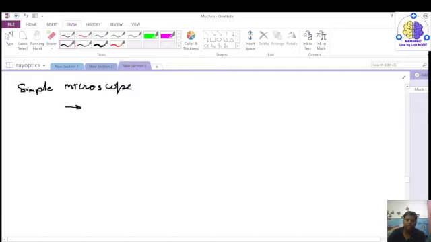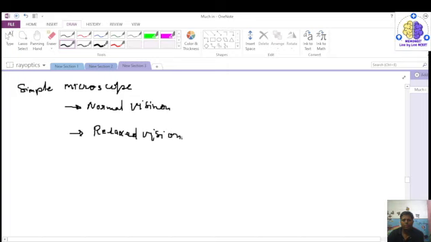The first condition is for normal eye or normal vision, right? And another case is for relaxed eye or relaxed vision, right? Now, what is the case for normal vision?